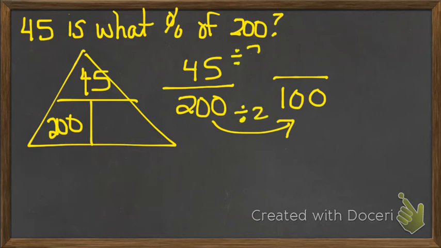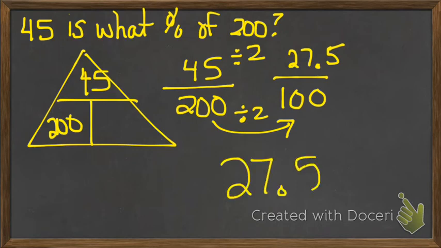Right, I will need your help. Since we're dividing top and bottom by 2, I need you guys to do 45 divided by 2. I need to hear what that is. Eddie? 27.5. I believe you're correct. So 27.5 over 100 is another way of saying 27.5%.